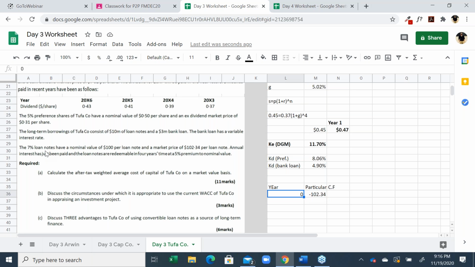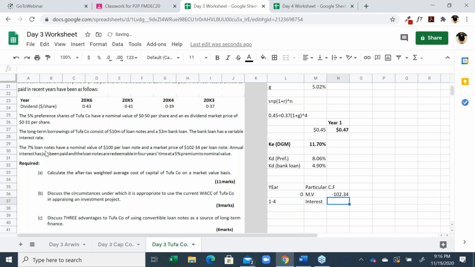And thereafter, every year, what will you receive against this investment? The interest, right? From year 1 to year 4. Market value, that was market value. Now we are talking about interest.